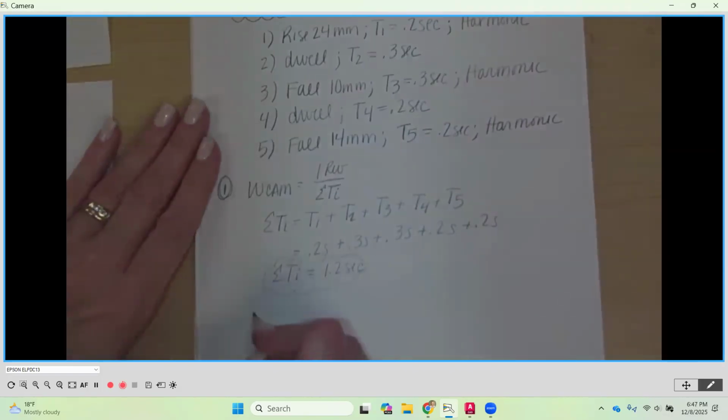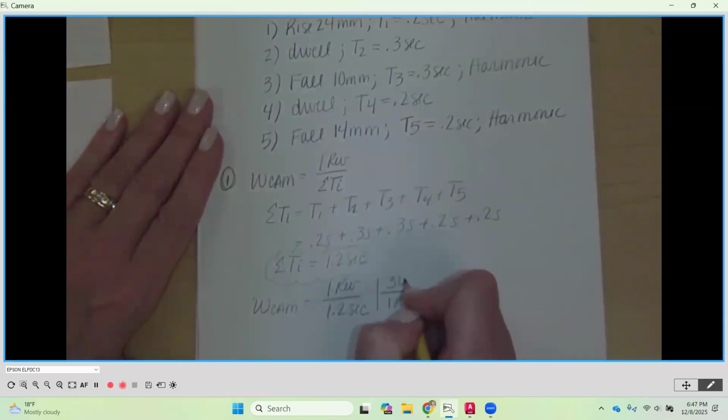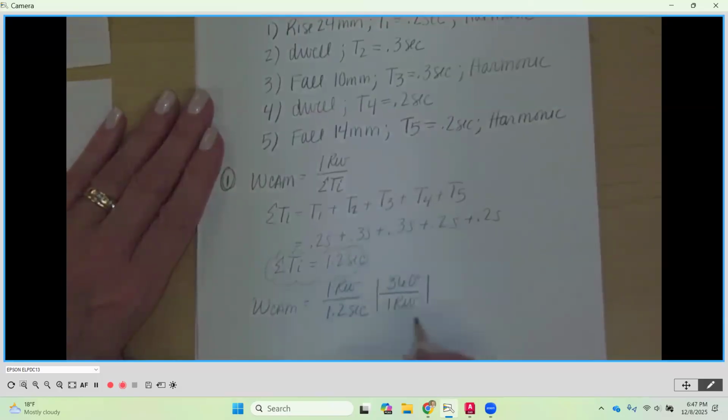So our W of the cam is 1 revolution divided by 1.2 seconds. Doing a quick conversion to degrees per second, I know that 1 revolution is equal to 360 degrees.